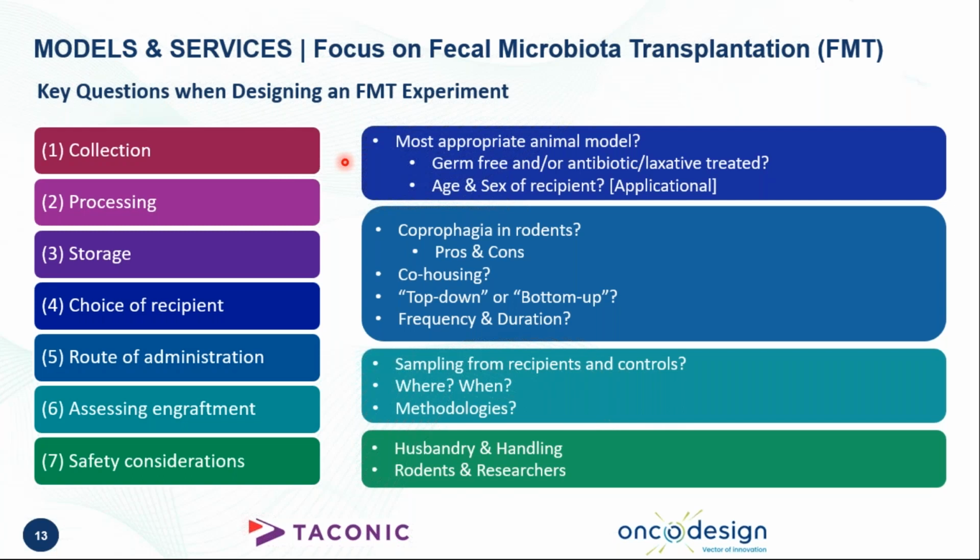And then another case example, which I'll highlight later on, is the age and the sex of the recipient. Mice, be they male or female, as well as whether you would do the FMT when they're juvenile or adults. And all these are related to a lot of factors. Also, as you can appreciate, the younger the mouse, the more sensitive they are to manipulation, and the more technically challenging it is to perform an oral gavage.